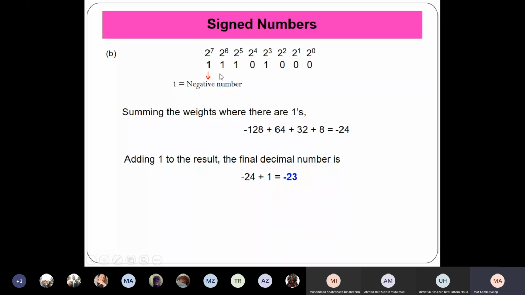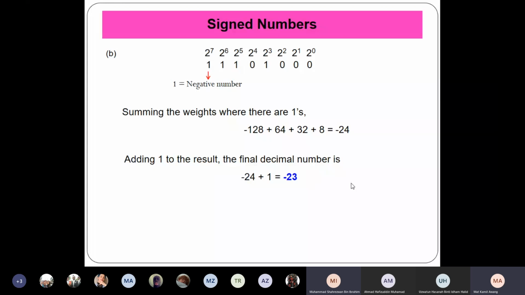So minus, this is the minus sign. So you add and you get minus 24. Adding 1 to the result, the final decimal number is minus 24 plus 1 is minus 23. True or not? Minus 23. True or not?